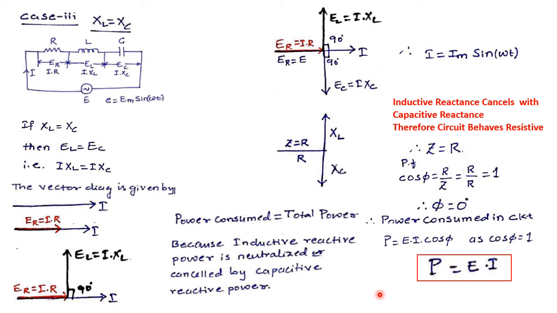So this is the analysis of the RLC series circuit. Because of the existence of capacitance as well as inductance, the effect of capacitance, the effect of inductance and the effect of resistance have been analyzed. So with this we will come to an end of the series circuit analysis.